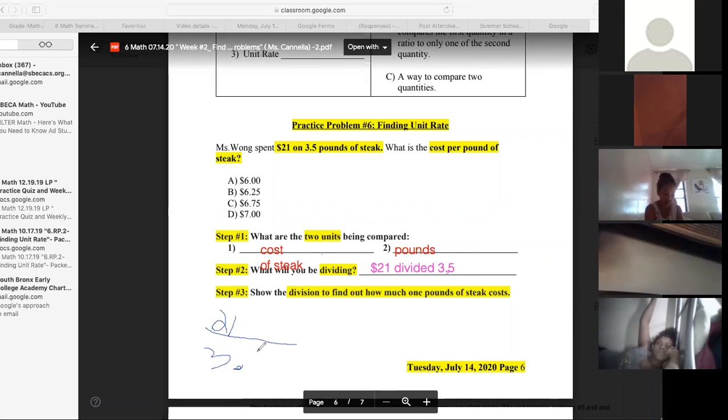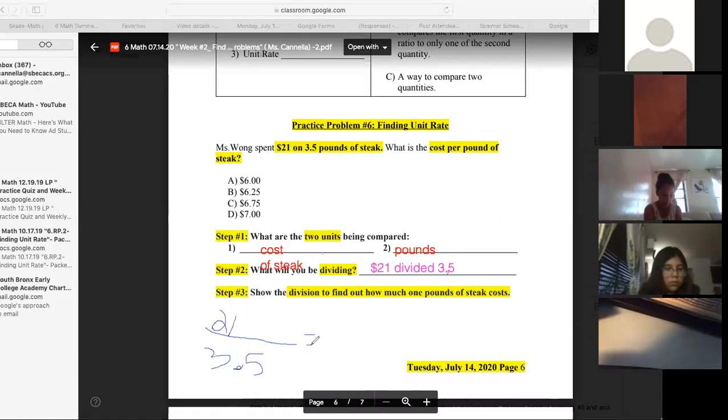21 divided by 3.5, Jerickson, is how much? How much is 21 divided by 3.5, guys?